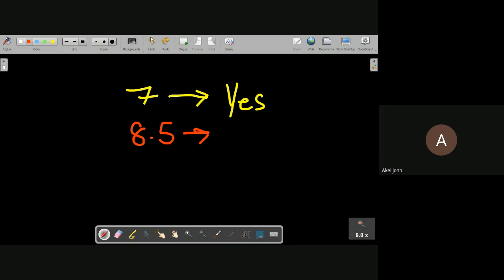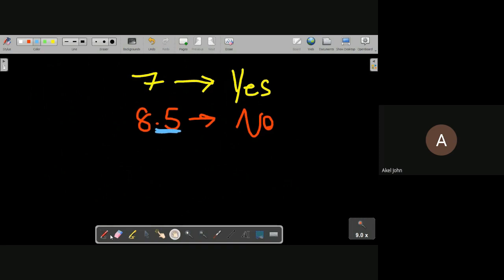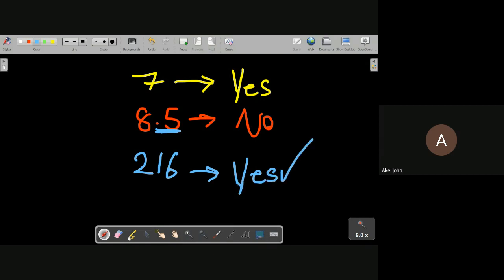No, because it has a 0.5. It has a remainder. How about 216? Is that a whole number? Yes, 216 is a whole number.